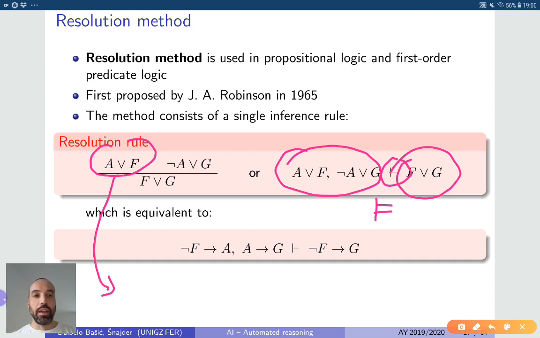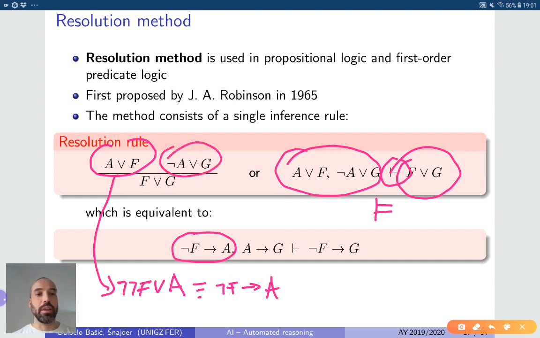A or F is equivalent to not G or A, sorry, this should have been an A, let's go back, or A, which is equivalent to not F implies A, right? And that's one premise here.